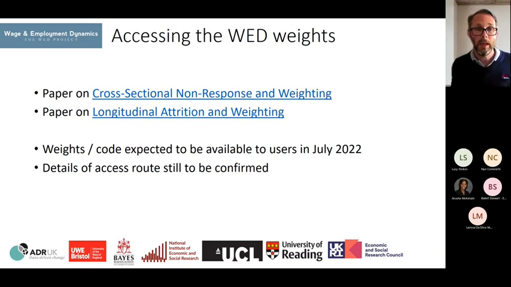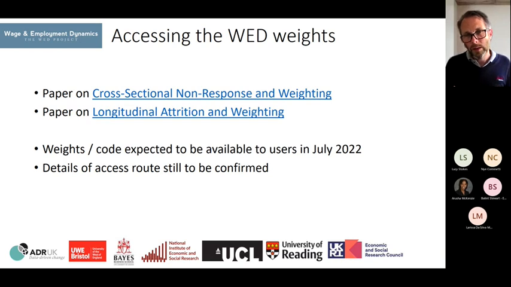Lucy said at the outset we'd say a little bit about how you can access these weights. We're expecting them to be available to users next month in July 2022. We're just still figuring out with ONS exactly how they will be made available. There are some things to be worked through on the SRS side, the Secure Research Service side, for us to properly figure out the best way to make these weights available.